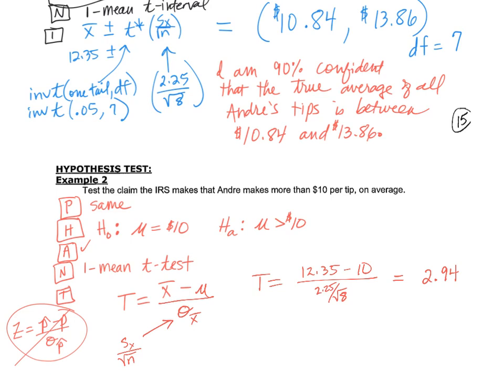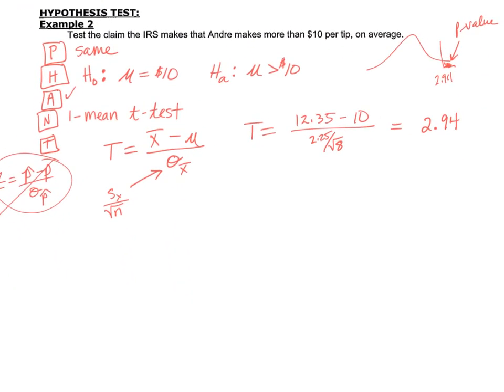O in the PHANTOMS model means obtain a p-value. So here I've got my sample out here, 2.94 out here. The p-value is that area. So how do I get that p-value? Do you remember how we used to do that? We used to use normalcdf, but now we use tcdf. Good job. So I'm going to tcdf from 2.94 to 99 with 7 degrees of freedom.